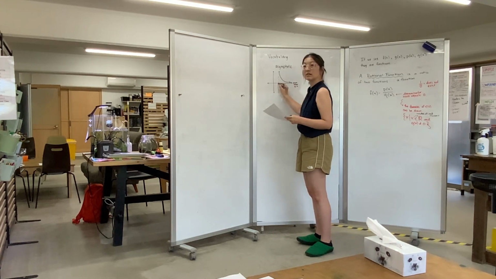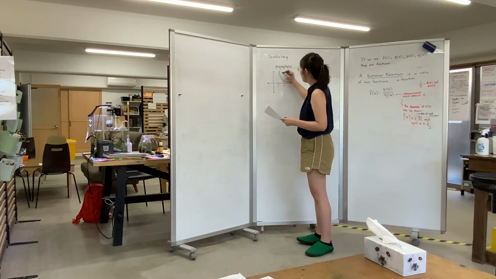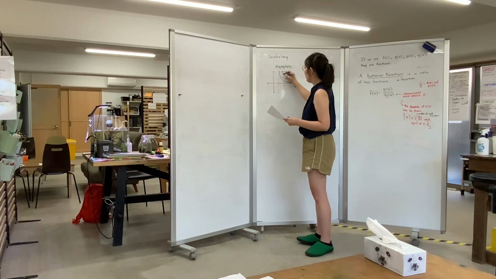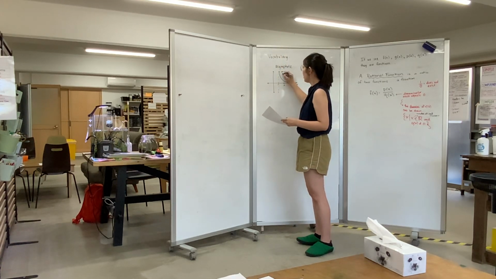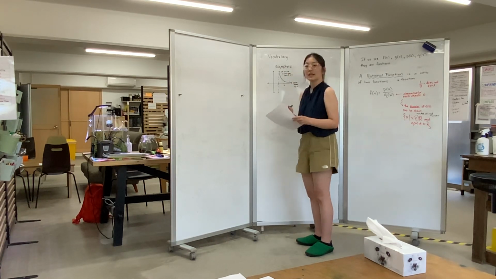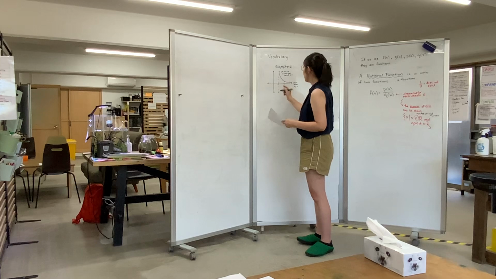See that? Likewise, this one, as x goes towards negative infinity, y goes up, but x never goes left of x equals 1. See that? So there's an imaginary line. This also has an imaginary line.